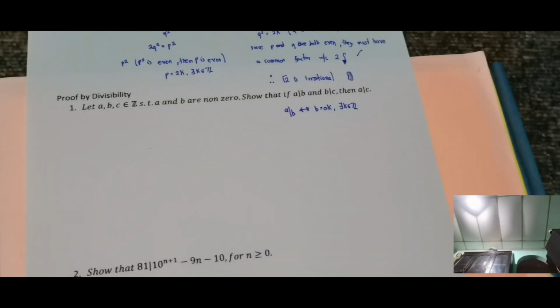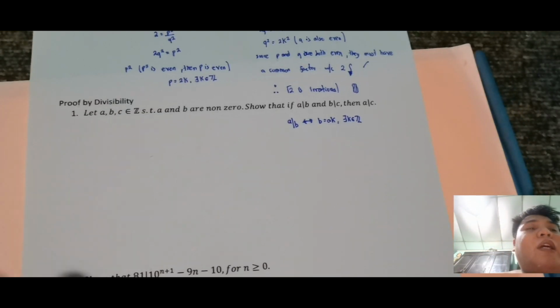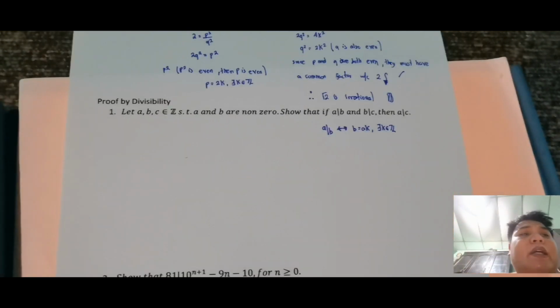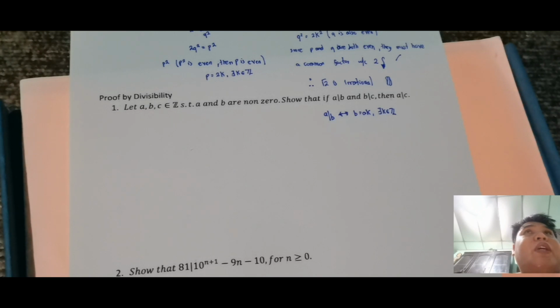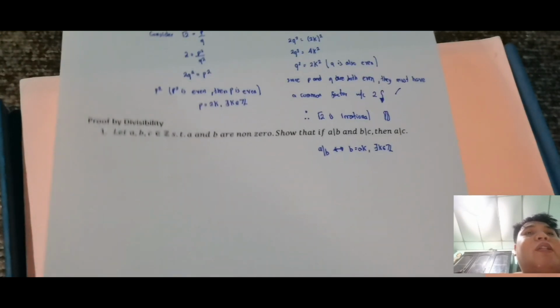So, ano ba ibig sabihin ng A divides B in terms of number? In terms of number, siya yung baliktad, in terms of very simple sense, siya yung baliktad na division. So, dati, pwede mo sabihin na 8 divided by 4. Ngayon naman, paano ko naman gagawin divides yung 8 divided by 4?